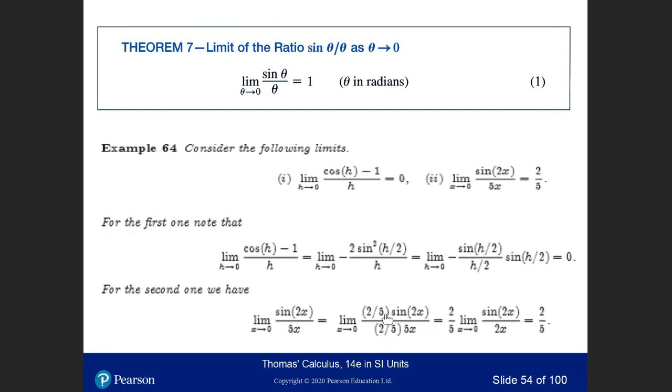Now I can take 2 over 5 out here. In the denominator, 5 cancels with this one, and you have 2x. So the limit of sine 2x over 2x as x goes to 0 is equal to 1, multiplied by 2 over 5. So you get the result 2 over 5. So that's the use of this result to prove that these limits are true.